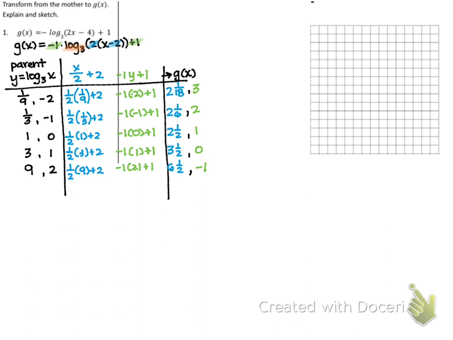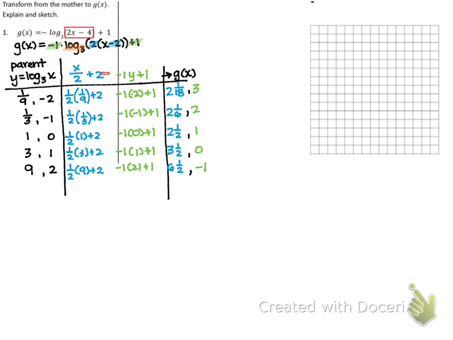Okay, before I start graphing this, I want to identify where my asymptote is. Well, if it's a logarithm, the asymptote is always going to come from the value that makes the inside of the logarithm 0. So I'm going to look at that 2x minus 4. So whatever I plug in for x turns this into 0.